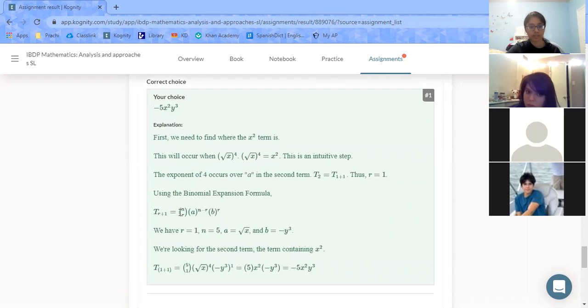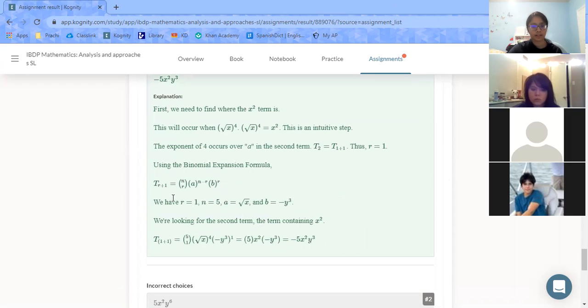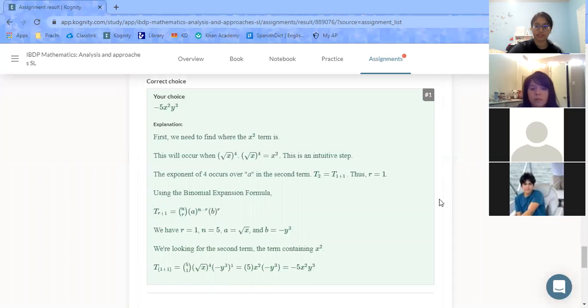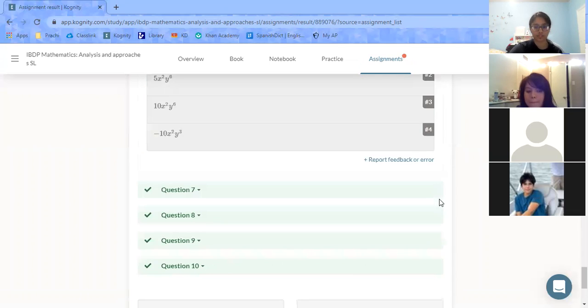And then you expand it out, and then the y term would be to the power of 1, right? Since the first one is to the power of 4. Then you just expand it out as normal, you simplify it, and then you should get negative 5x squared y cubed. Okay, does that make sense? If there's nothing, I'm going to move on to the next one.